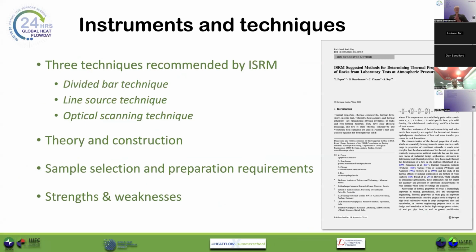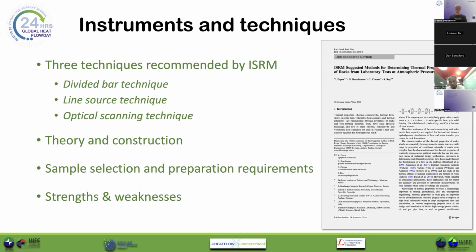So the rest of the talk is really going to be looking at 3 different families of techniques for making the physical measurements of thermal conductivity in a laboratory. These are the 3 techniques that are recommended by the International Society for Rock Mechanics, the ISRM. And in this publication, the ISRM suggested methods for determining thermal properties of rocks in laboratory tests at atmospheric pressure.